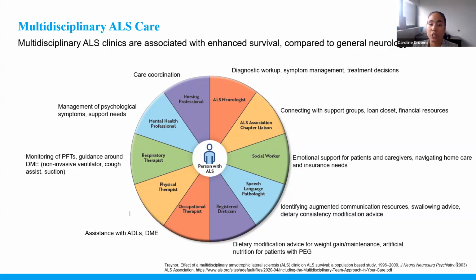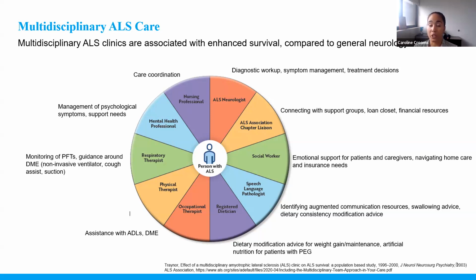The ALS Association, or in New York, we have ALS United, which is now a separate organization. They will often send a liaison to multidisciplinary clinics if they're affiliated with a chapter or accredited by them. And they play a really important role. So it's a patient advocacy group, essentially, and they have support groups.